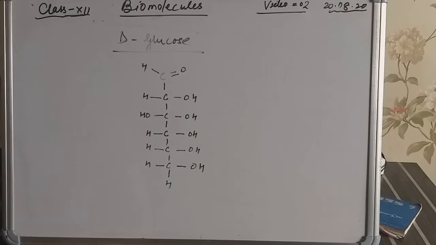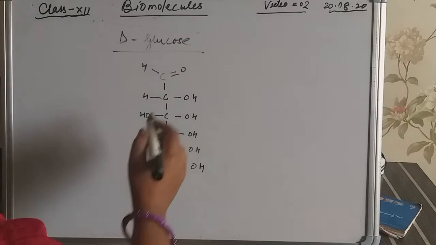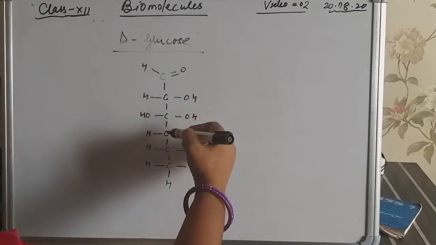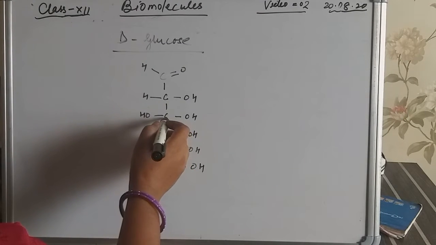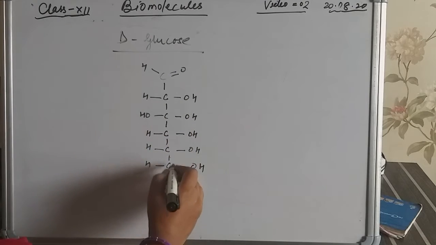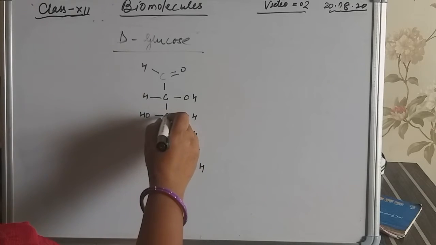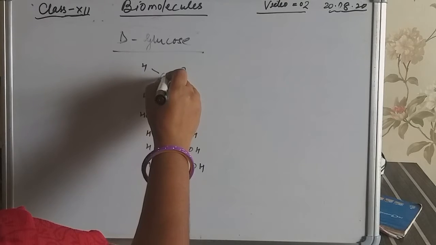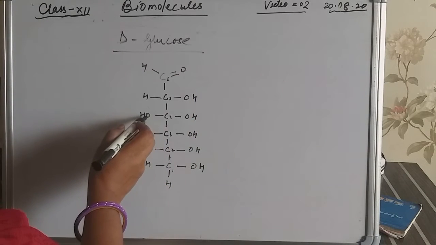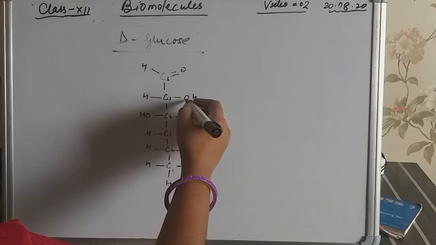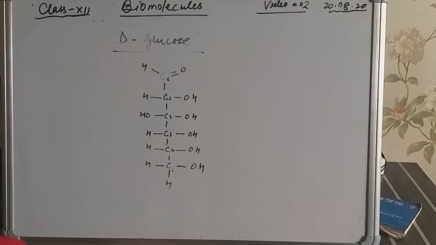The OH group at the third position is written on the left hand side, and at position 5 the OH group is written on the right hand side.